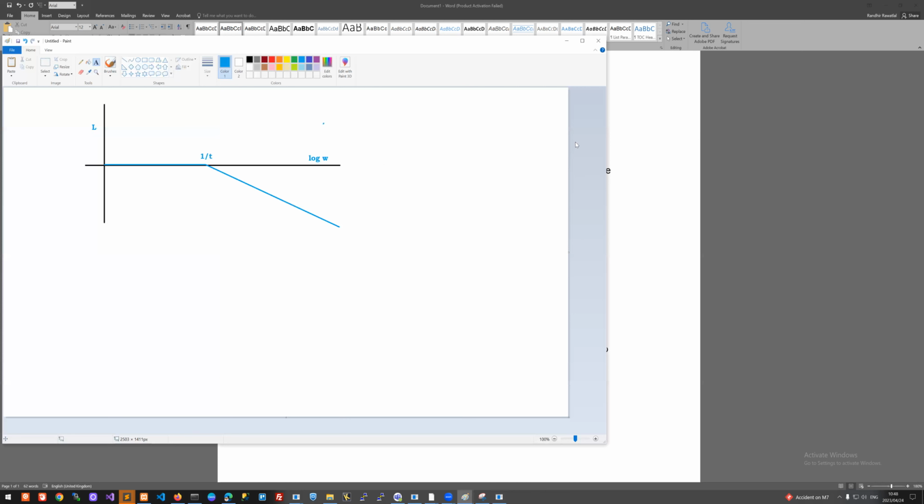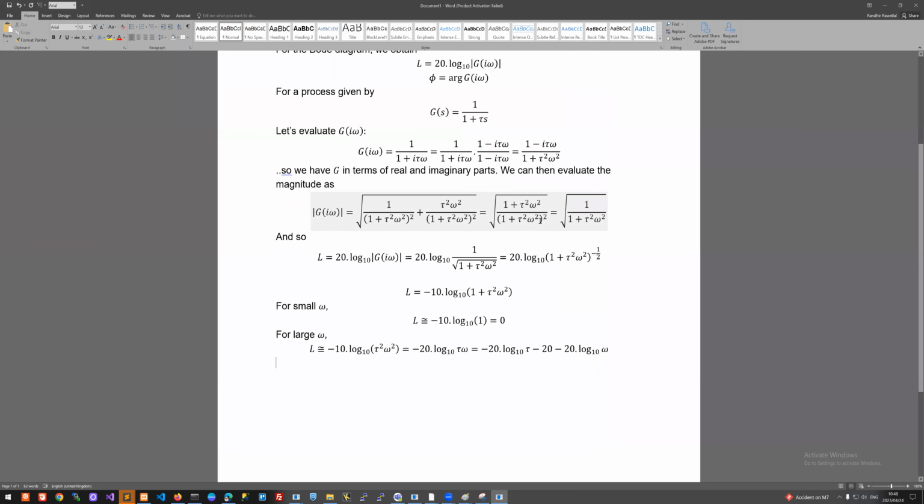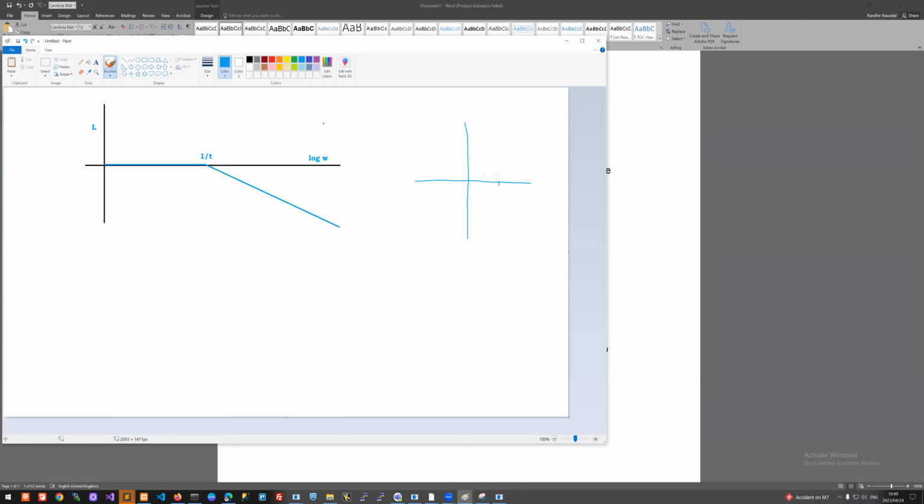So if we were to imagine how our G function looks, the real part is moving around here. The real part is 1, so let's say there's a 1 here. But that real part is also decreasing. So as omega increases, that one is moving in like this.